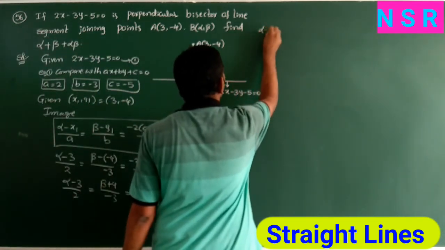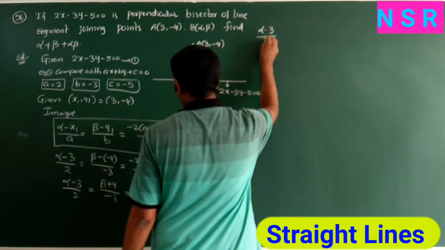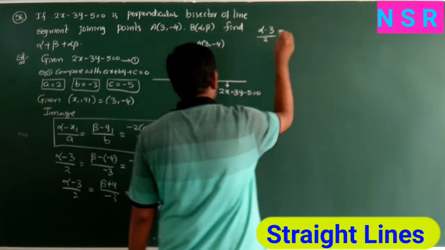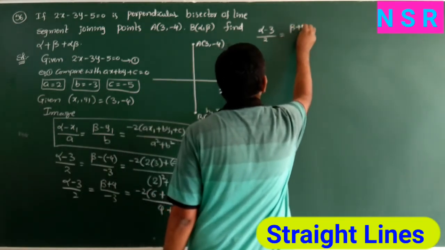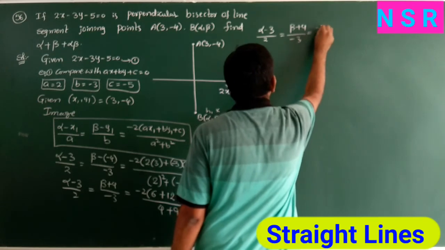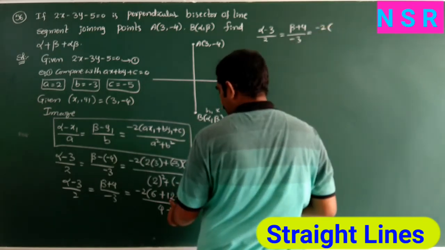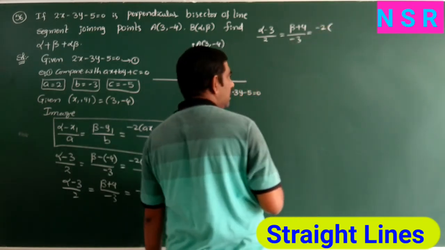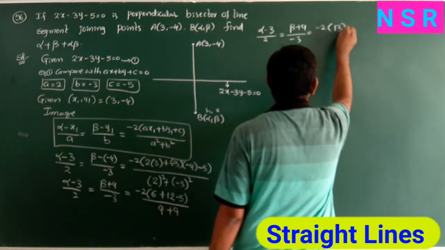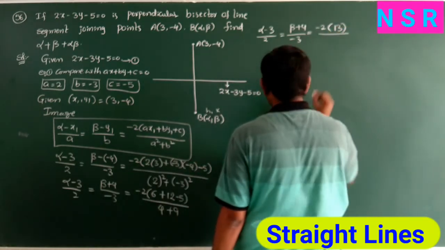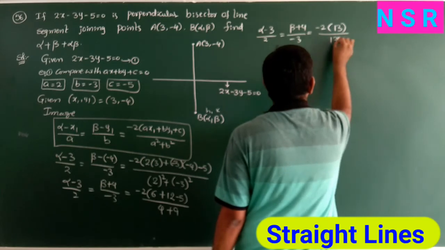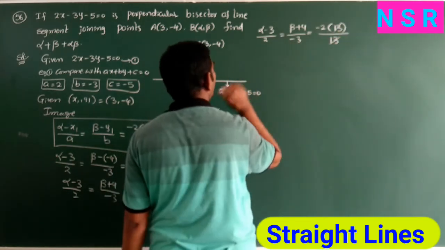Alpha minus 3 by 2 equal to beta plus 4 by minus 3 equal to minus 2 into 12 plus 6 is 18, 18 minus 5 is 13, by 9 plus 4 also 13. Now 13 gets cancelled, so we get minus 2.